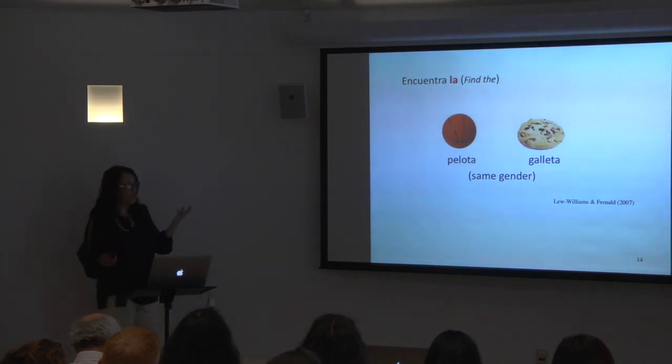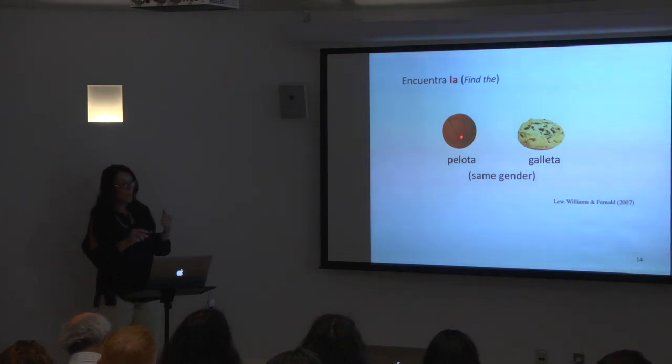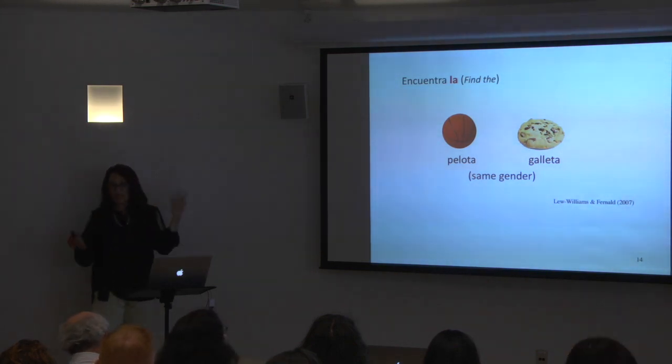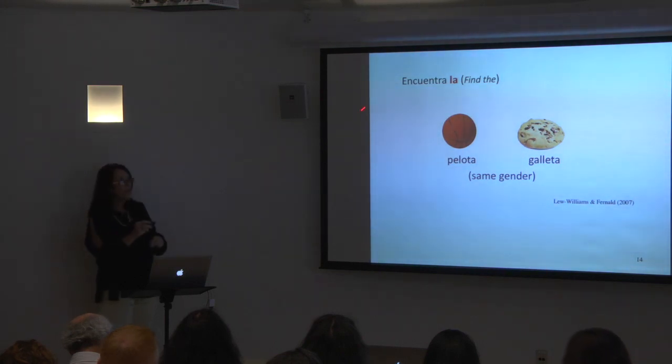And so experiments have shown children and adults this type of display, with a picture of a ball, pelota, which is feminine, and a cookie, galleta, which is also feminine. And kids have had to hear the question, find the, encuéntrala.